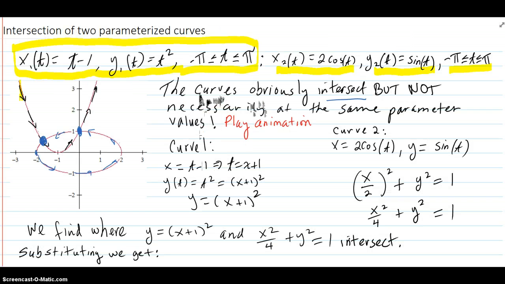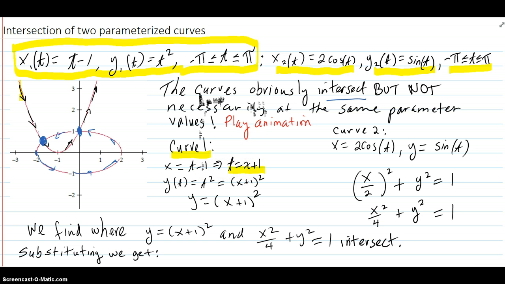Alright, so now that we know what happened, let's actually find first the intersection points of the actual curves. So to do that, we go to curve number 1 and we solve for t in terms of x, and then plug it into the y equation right here.